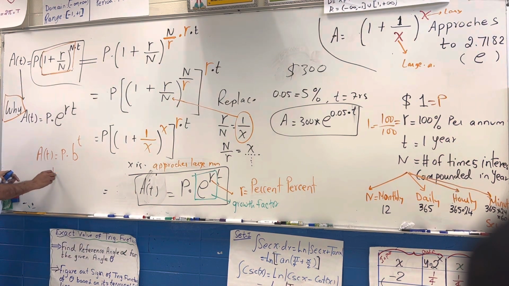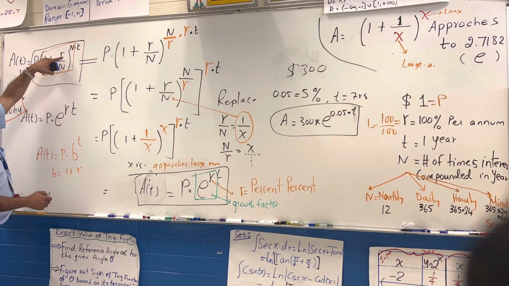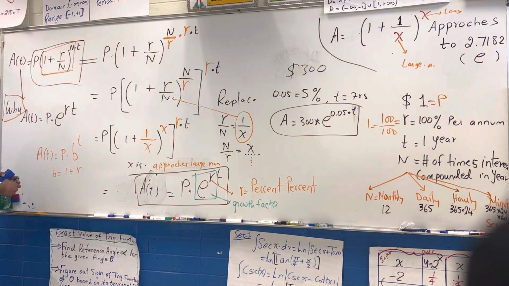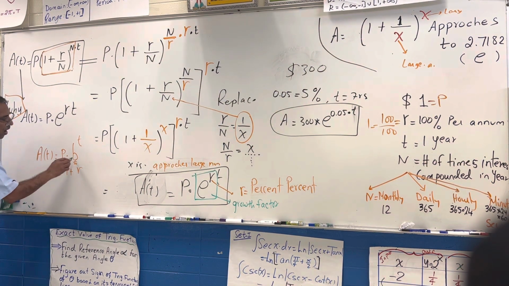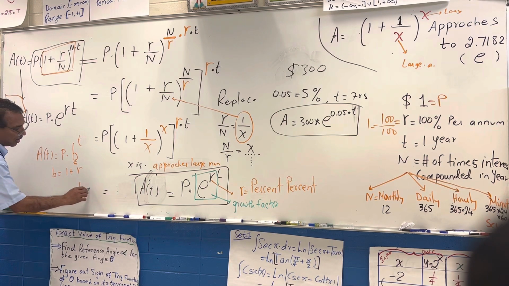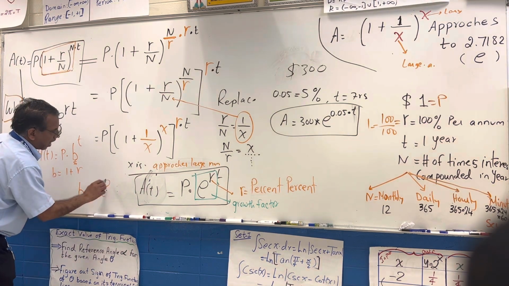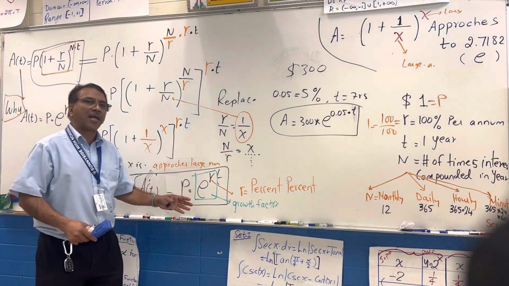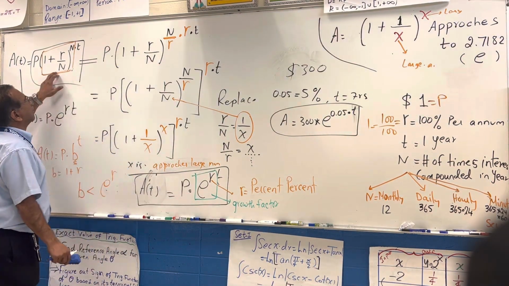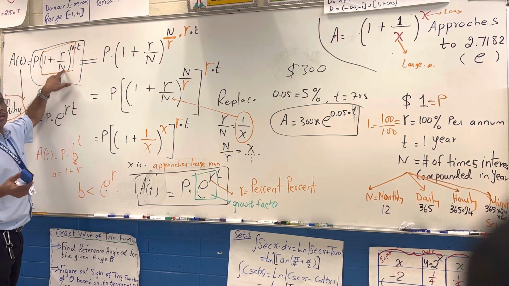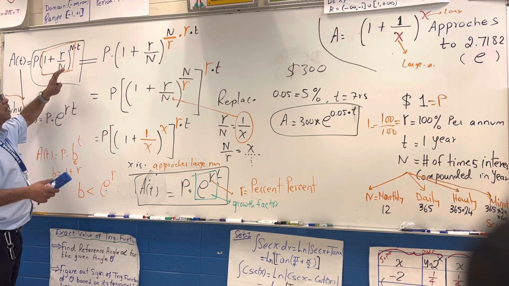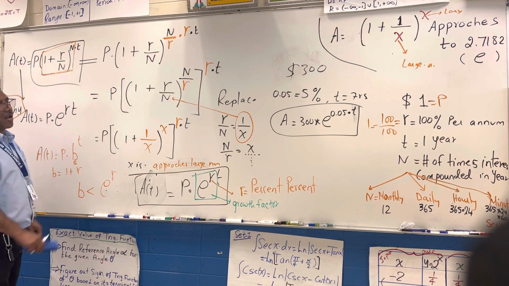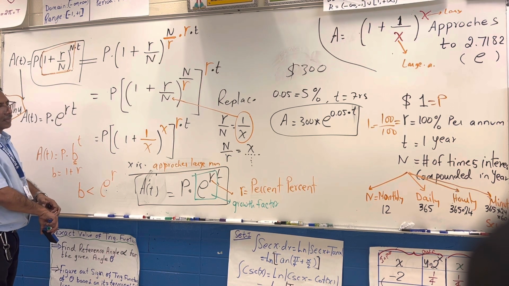Remember, b is 1 plus r, but then we want to know how many times, that's why that n comes. But what I'm trying to say is this growth factor b is less than this e raised to r. So that's why we see the money grows faster in this example than if you do it monthly or maybe daily or hourly. But that's the fastest growth, which gives you the most amount.